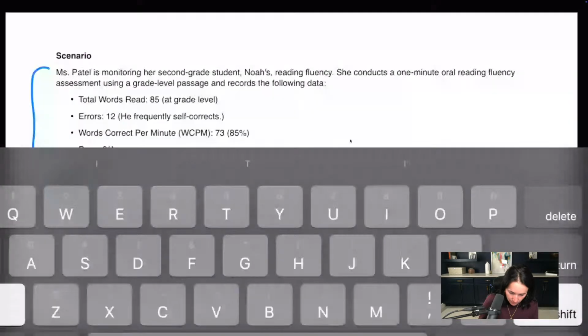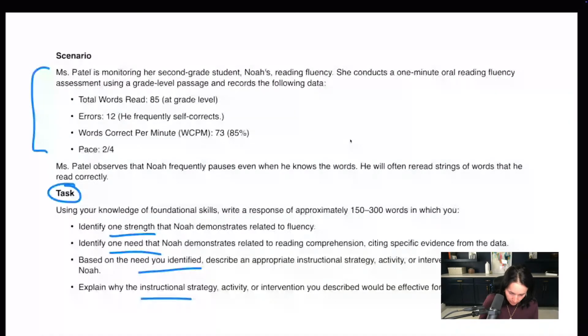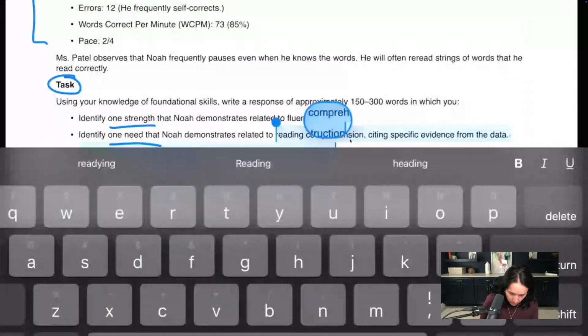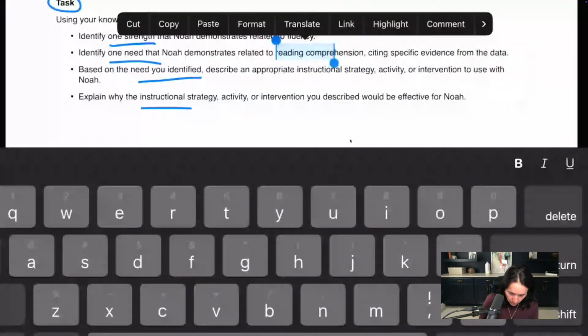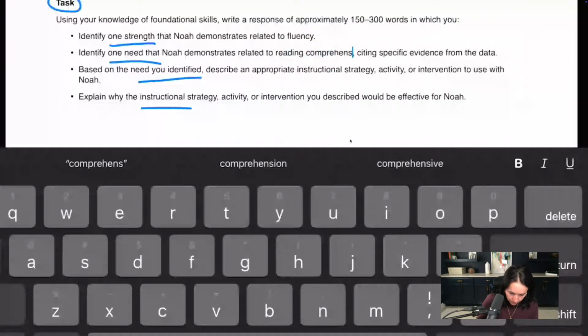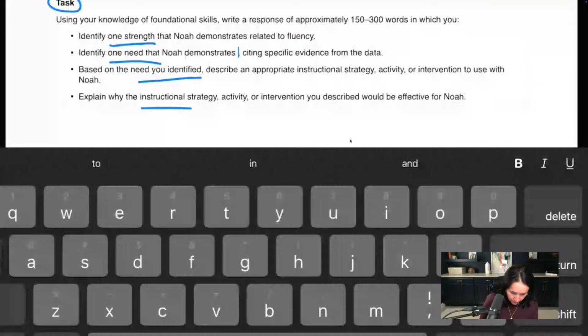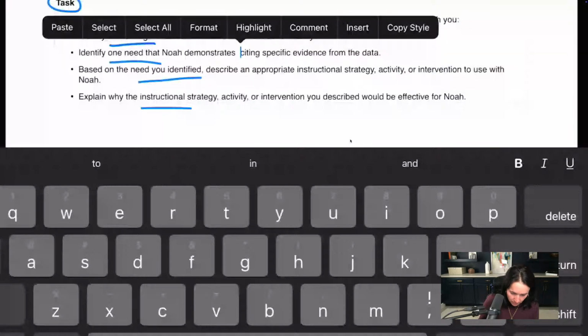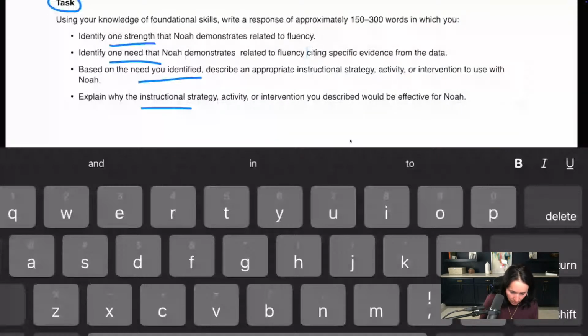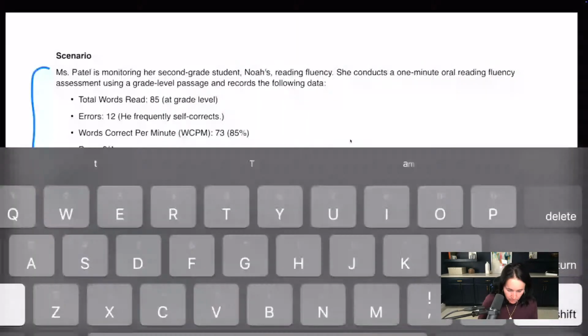Let me copy this. Reading fluency. It shouldn't be comprehension, sorry, I need to fix that. Paste. All right, so we want to do fluency. This is a fluency one.